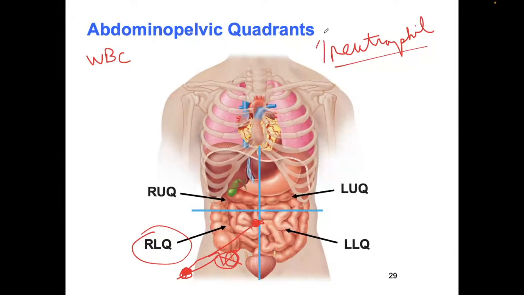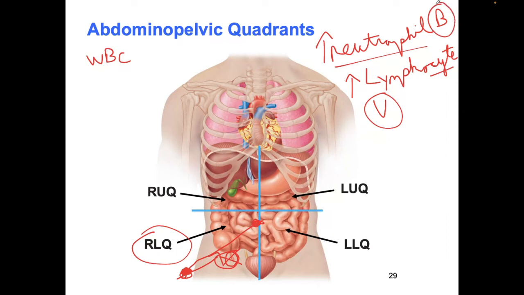And when the neutrophil count is really, really high, that's seen with a bacterial infection. When the lymphocyte count is high, there's that cyte, right? You've learned that already. Cyte is cell. When the lymphocyte count is high, then there's a viral infection. When the neutrophil count is high, there's a bacterial infection.